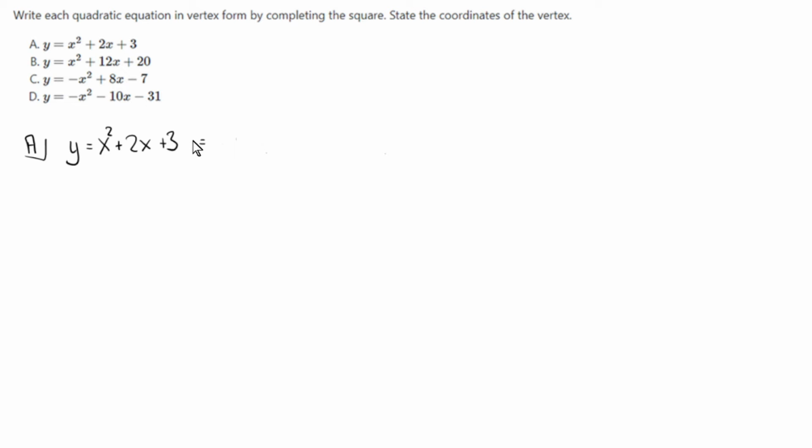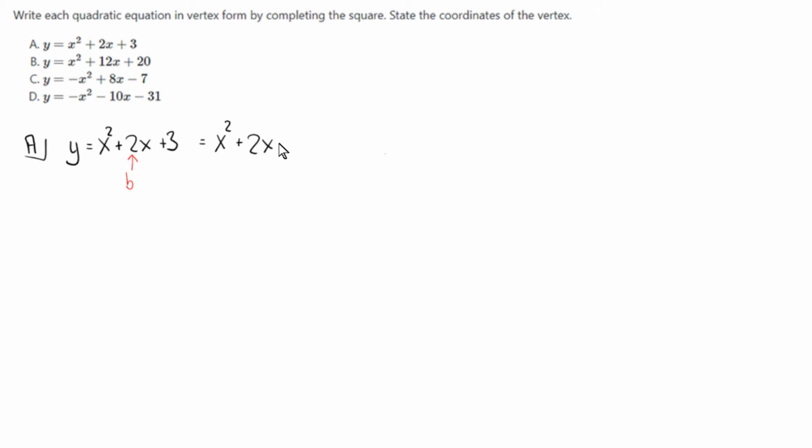So the first step here is going to be to take the numerical coefficient of x, which is referred to as b. We're going to divide it by 2 and square it, and then we're going to add and subtract it to this trinomial. So that's going to look as follows. The first two terms stay the same.